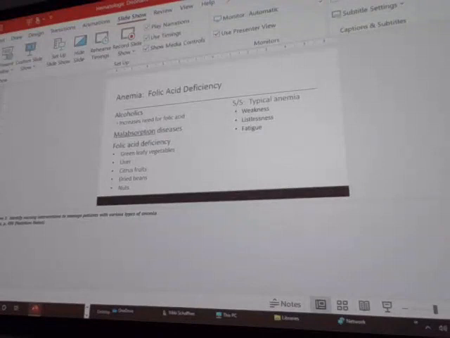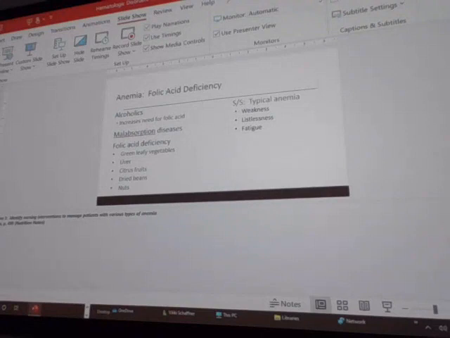We just talked about malabsorption diseases with intestinal problems like ulcerative colitis, Crohn's disease, those types of things. For folic acid deficiency, you want to increase your folic acid, so you can do that with green leafy vegetables, liver, citrus fruits, dried beans, and nuts. So if you have a person that has anemia, you want to encourage that type of intake.